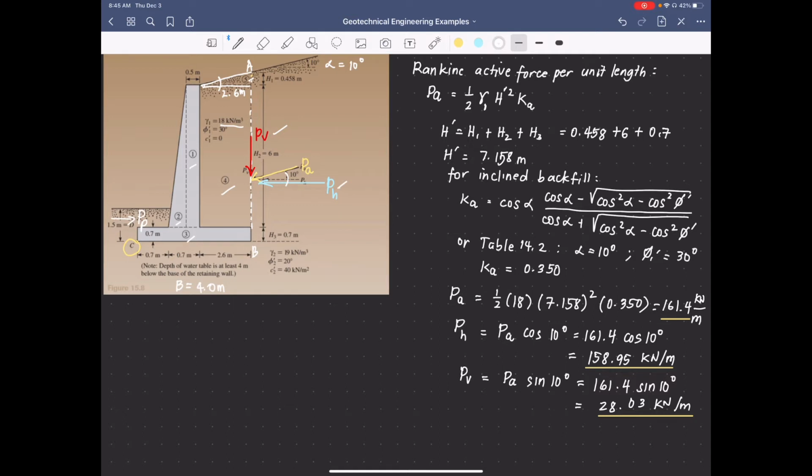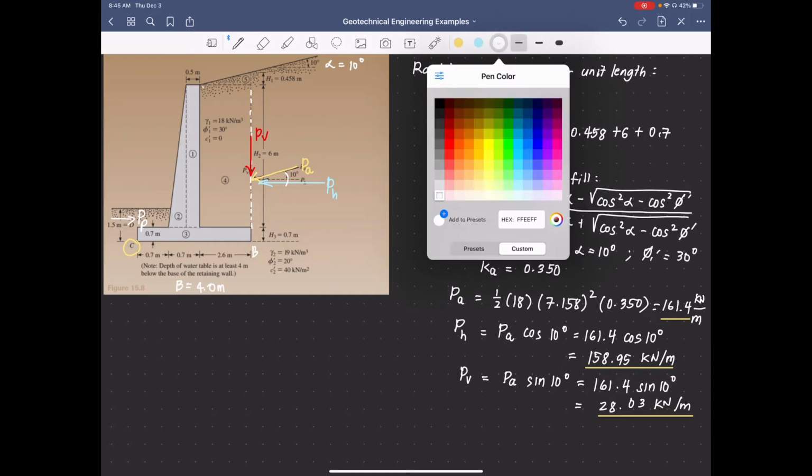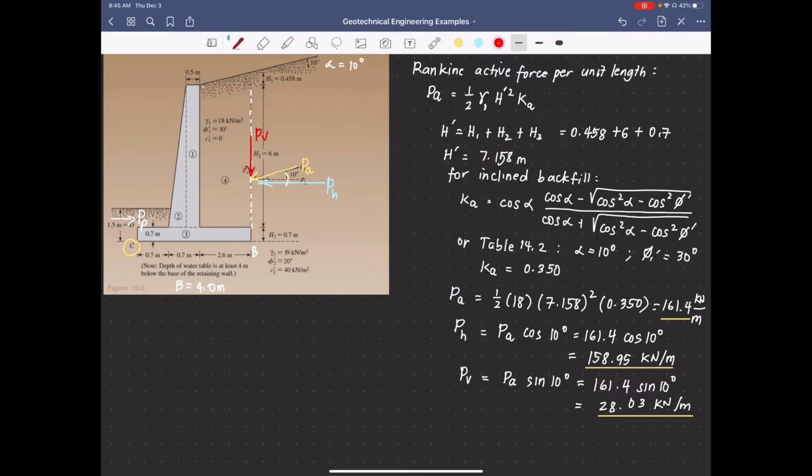So let me erase the forces to emphasize the forces that resist overturning. Let me put it in red.